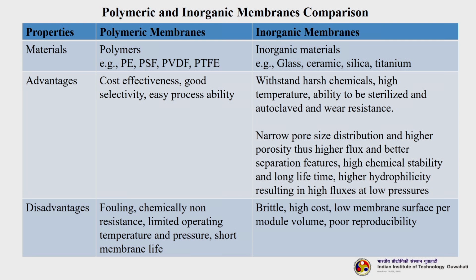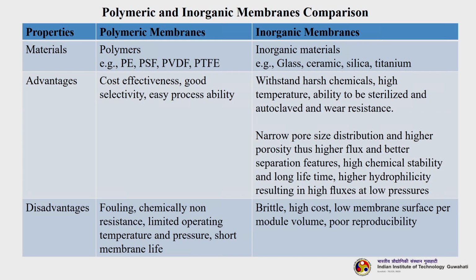Let us say I am using these membranes for certain applications in pharmaceutical or biotechnology industries, in which once the membrane is used I need to sterilize it. So, for sterilization I have to autoclave it. Autoclave means high temperature and pressure, which many times polymeric membranes are not able to withstand. The narrow pore size distribution and higher porosity which exist in ceramic membranes give them higher flux and better separation features compared to the polymeric membranes.